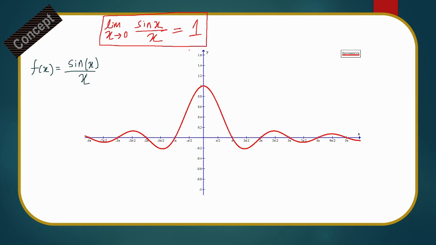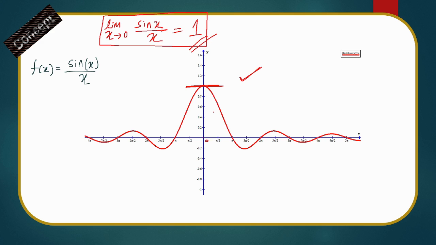If you plot the graph of sin x by x, this is the graph we will get. You can see at 0 the value is 1, so obviously the limit will also be 1.